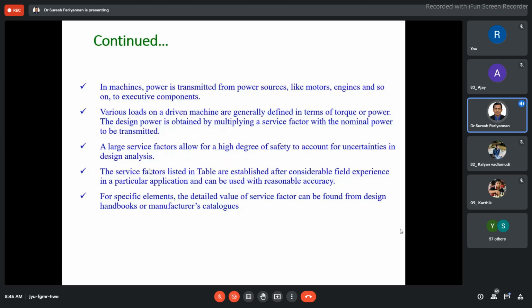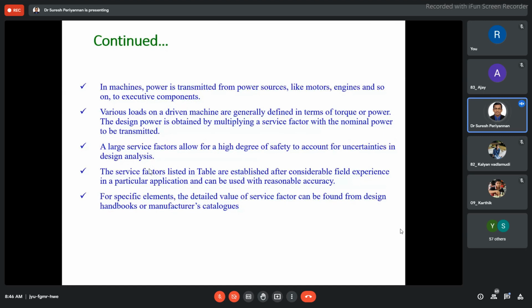Then finally, once they ensure that the component working condition is good, and the nominal power transmission capacity, maximum power transmission capacity and designed power transmission capacity are proven, then they will put it in the data book. Now, as we are engineers, we are UG students. Once you are going for the job, you are directly using the service factor for designing the component, or for manufacturing the existing component, we are using directly from the table.